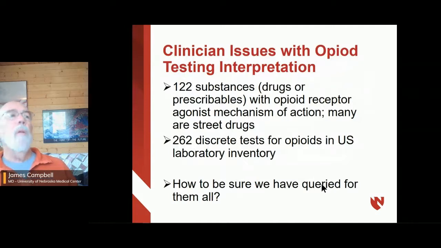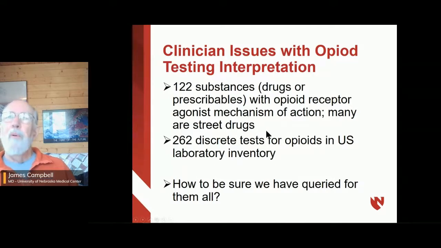Well, the problem is that in the US, there are 122 separate substances, either street drugs or prescribables, that are actually opioid active, okay? And in the US laboratory testing scenario, there are 262 discrete laboratory tests that basically report those results.